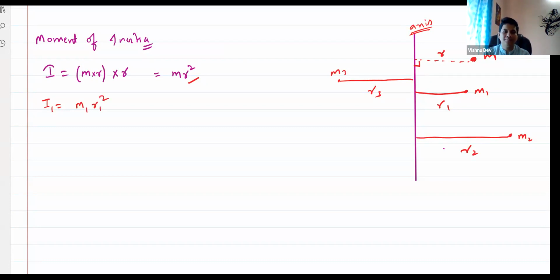What is I2? I2 is the moment of inertia of the second mass m2, m2 into r2 squared. Awesome. What is I3?